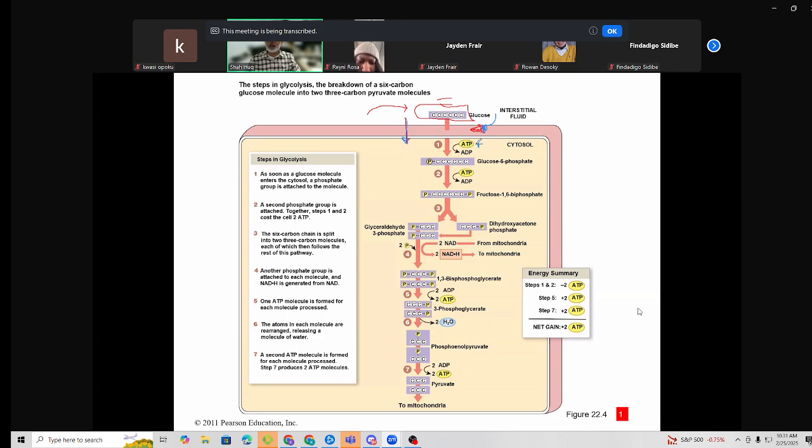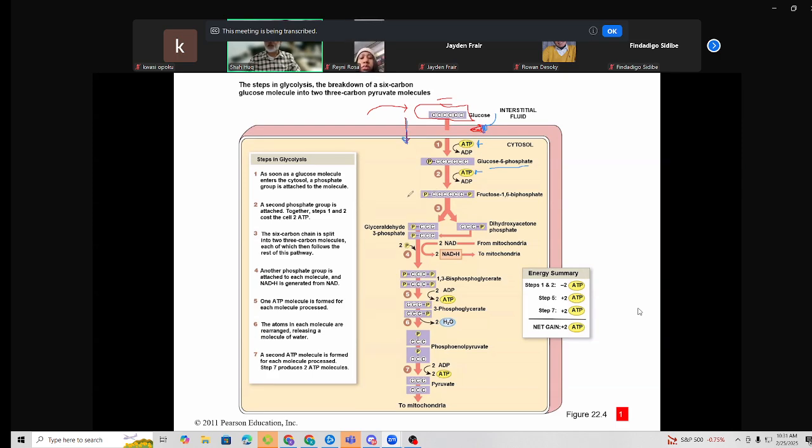So 1 molecule of ATP is used here, and it is turned into ADP because a phosphate is removed and this phosphate is added to the glucose. So now it turns into glucose 6-phosphate. And now in the second step, we also use another ATP. And then you see that this glucose molecule has another phosphate.